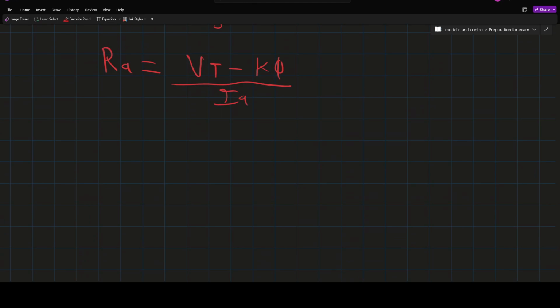So when we plug the values, it's going to be 6 minus 1.41 times 10 to the minus 2 times 243.7 over 7.